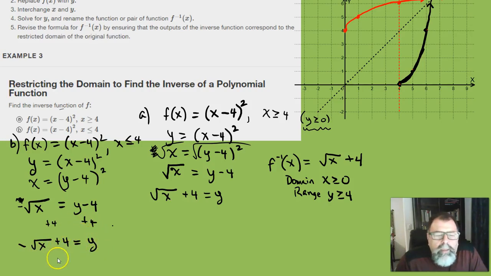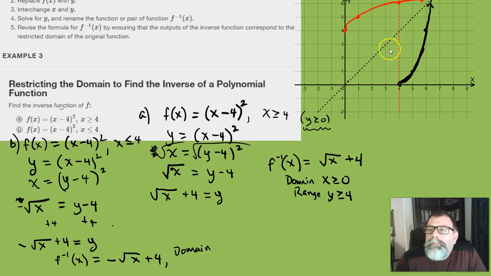And then our domain, so f inverse of x is equal to negative square root of x plus 4, and the domain is going to be, if we were to look at this picture, the domain will be the range. So basically it's the mirror image. We're doing this side.